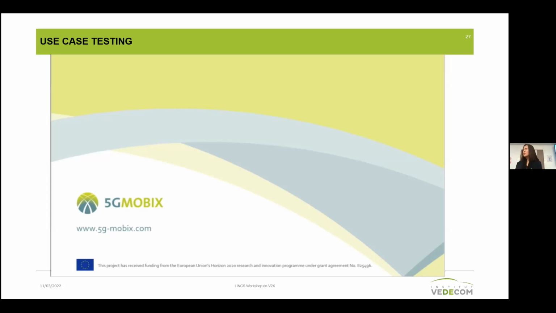MCM is around 200, 300 bytes. MCM is generated basically when an event is detected. But CAM and CPM are generated following the standard, so between 100 milliseconds and 1 second.